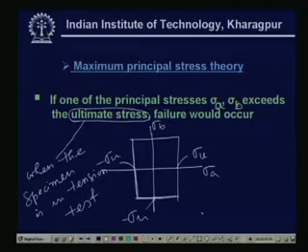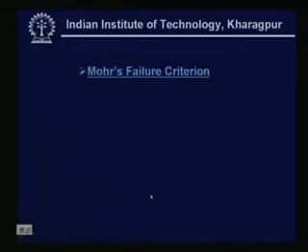As we discussed in the last lecture, brittle materials normally have higher values in compression compared to what we get in the tensile test.